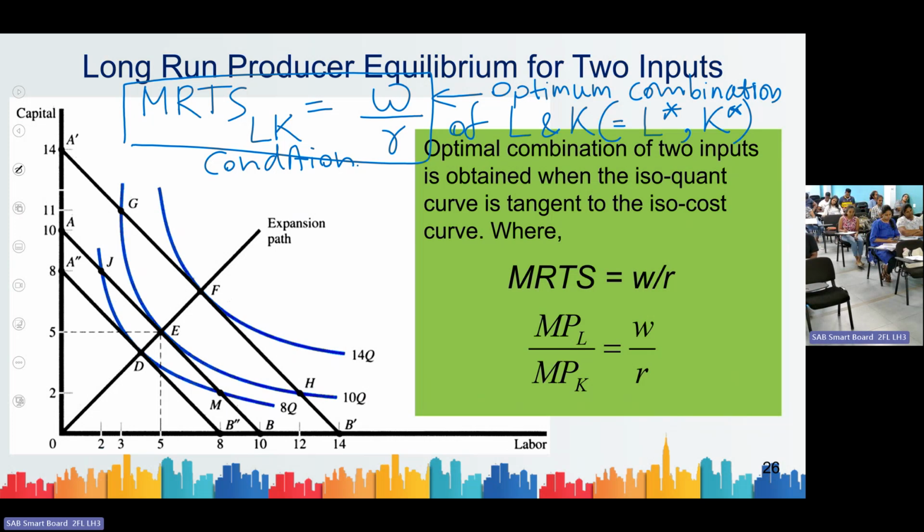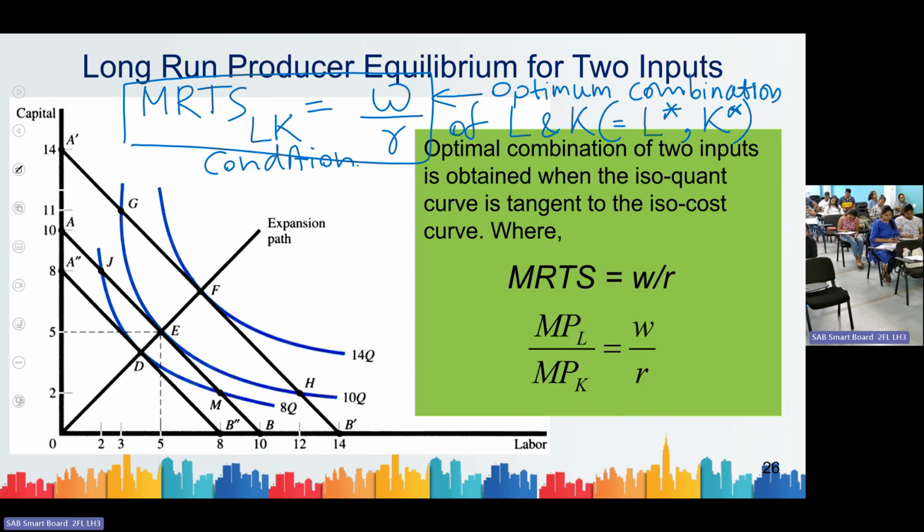If the slope values of two curves are the same, what does it mean?